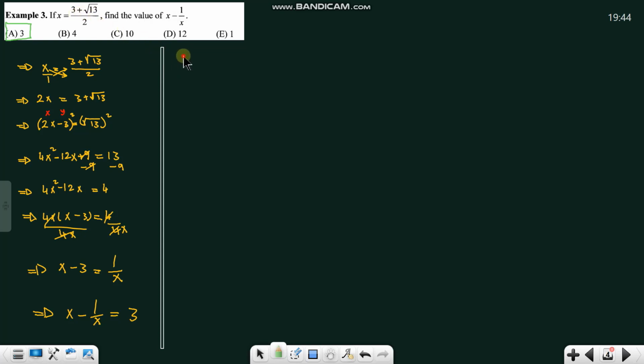What's x? (3 plus square root 13) over 2, minus 1 over (3 plus square root 13) over 2. So guys, if I have 1 divided by (3 plus square root 13) over 2, what is going to happen to this one? If I change division to multiplication, this one flips.